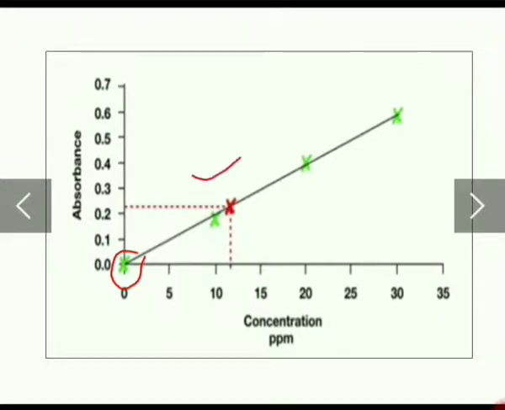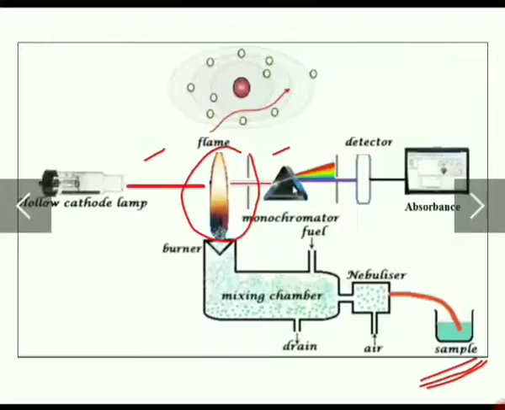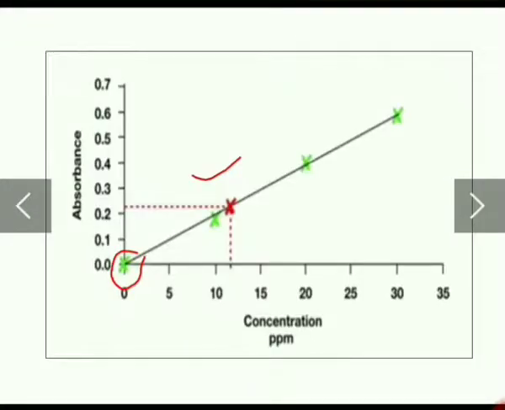Next, let's go to the next concentration. It is 10 ppm. When you aspirate it to the flame, there will be sodium atoms, so part of the light will be absorbed by the unexcited metal atoms, so it shows absorbance.